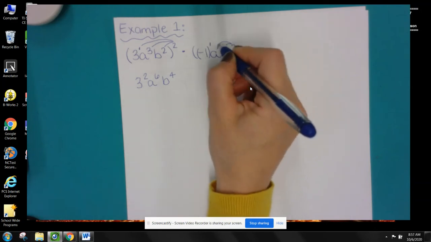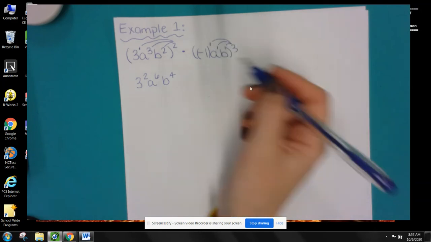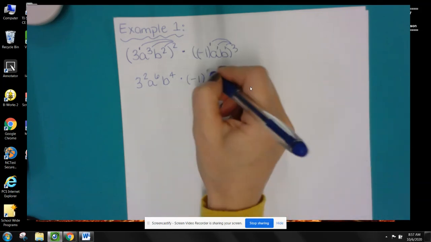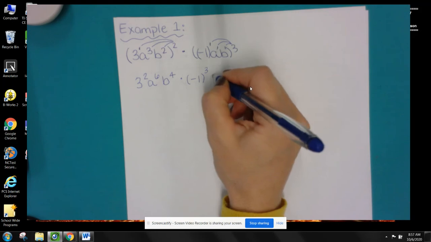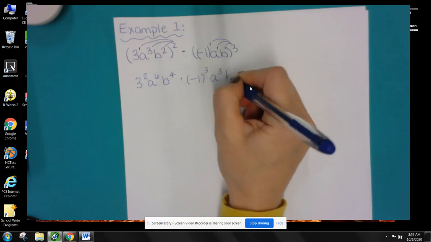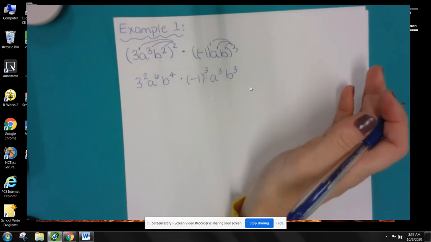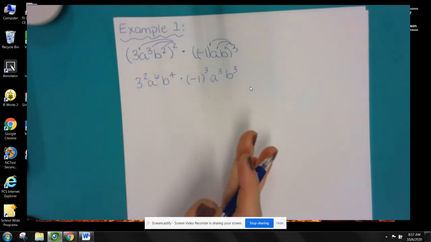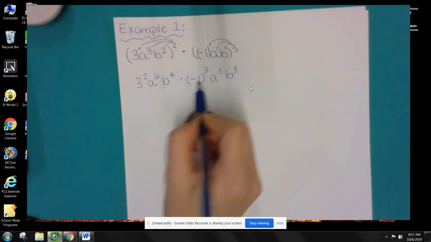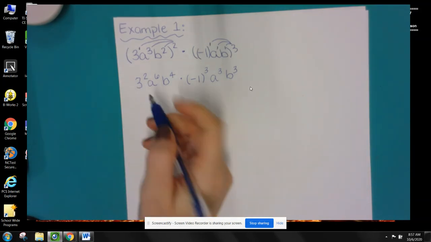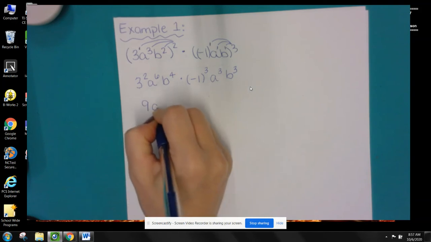So I'm going to distribute this 3 to each of my exponents. So I have -1 cubed, a cubed, and b cubed. So before I do anything else, I'm going to actually simplify these two coefficients. So 3 squared is 9.